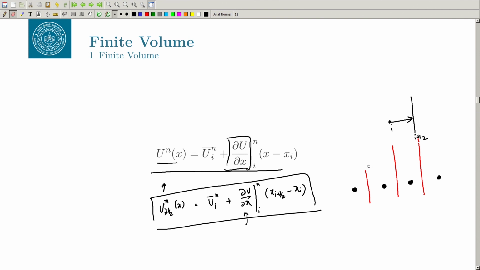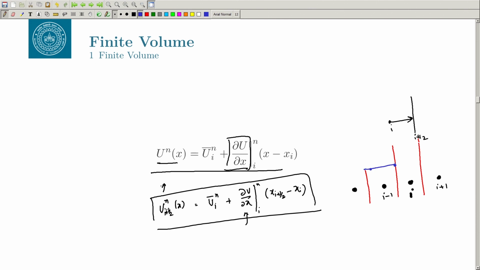So, in this cell you have a constant value, let us call these cells I minus 1, I and I plus 1. We are saying that my variation within a cell is constant, so whatever value we have at the cell center, the same value we have everywhere in the cell.